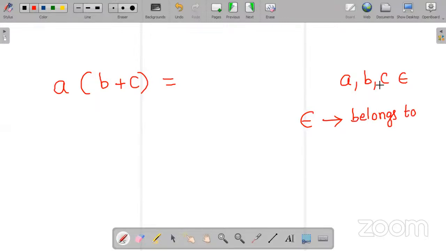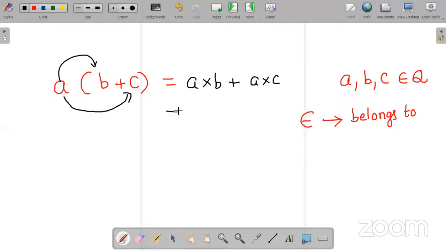So A, B, C belong to the set Q of rational numbers. Then A into B plus C means we multiply A into B, next A into C also, and we get AB plus AC.